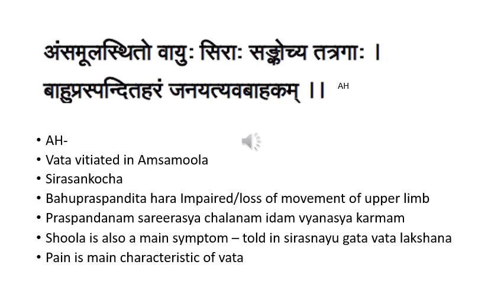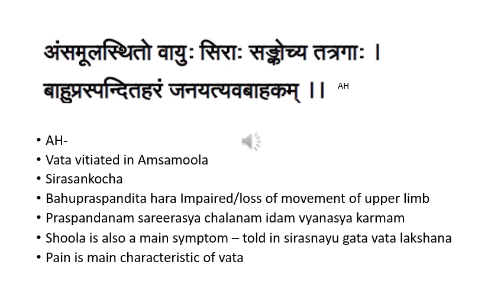Praspandanam means movement of the body, and it is the function of Vyana vayu. Here Vyana vayu is vitiated, and praspandita hara means there is a loss of movement or impaired movement of the upper limb. Also, Shula is a main symptom, even though it is not directly mentioned.